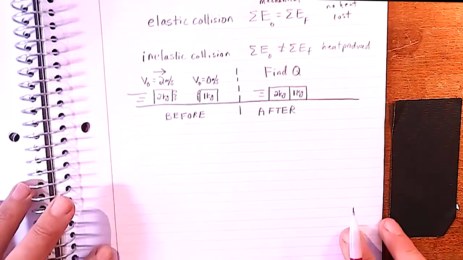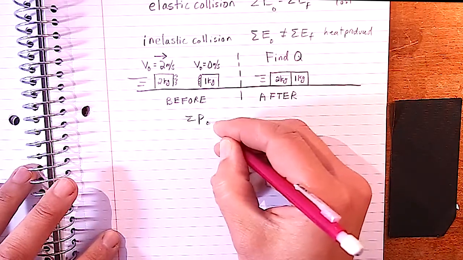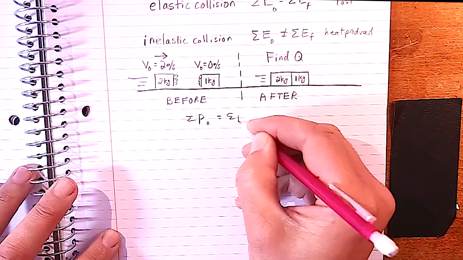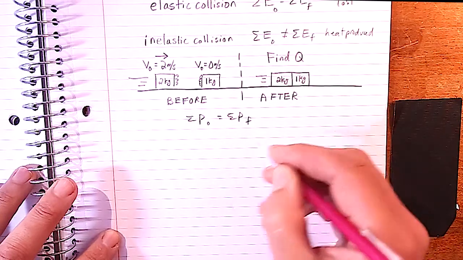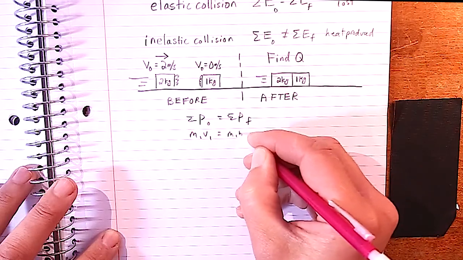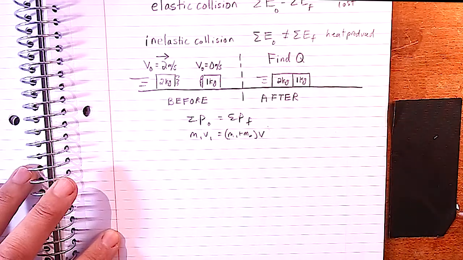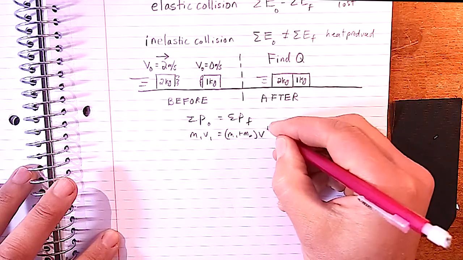So let's go ahead and do it. We're going to use conservation of momentum. All the momentum initial equals all the momentum final, and that's going to be m1 v1 equals (m1 plus m2) times our new velocity, which we'll call v prime.